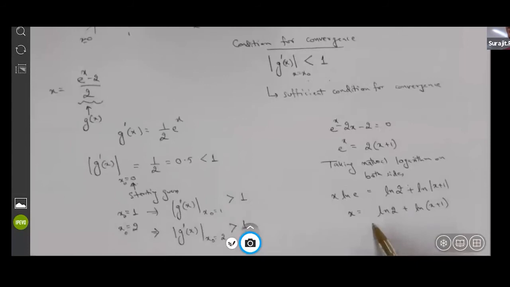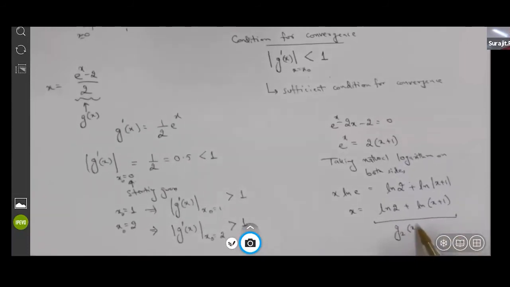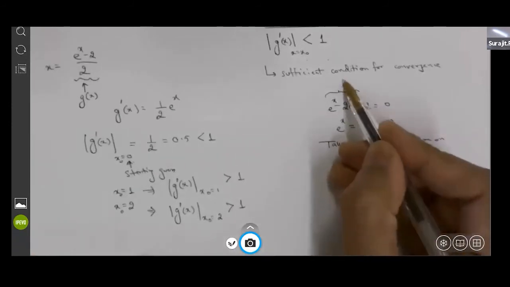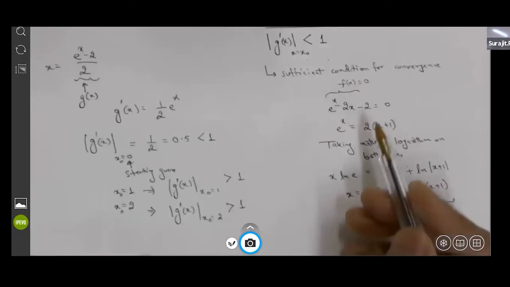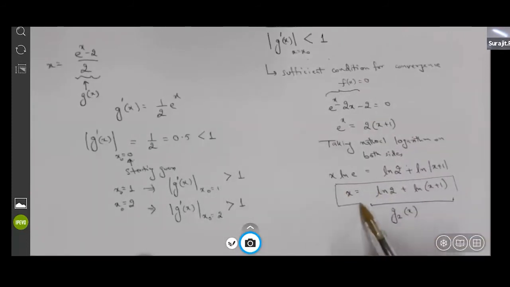So x equals ln 2 plus ln of x plus 1. So this is my new g of x. Basically, I'm using the same function, f of x equals 0, and writing it in this form. This is again in the same form that we started with, but it is a different function now, isn't it?